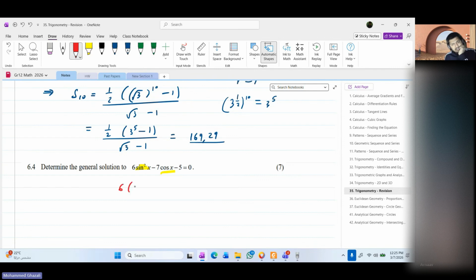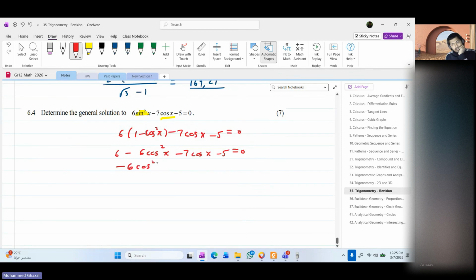So you're going to say 6 times (1 minus cos squared x) minus 7 cos x minus 5 is equal to 0. 6 minus 6 cos squared x minus 7 cos x minus 5 is equal to 0. Make it standard form and write it out. Minus 6 cos squared x minus 7 cos x minus 5 plus 6 is plus 1 is equal to 0.